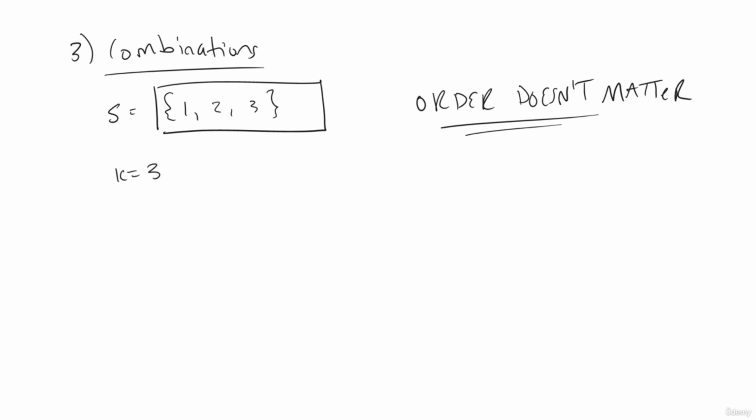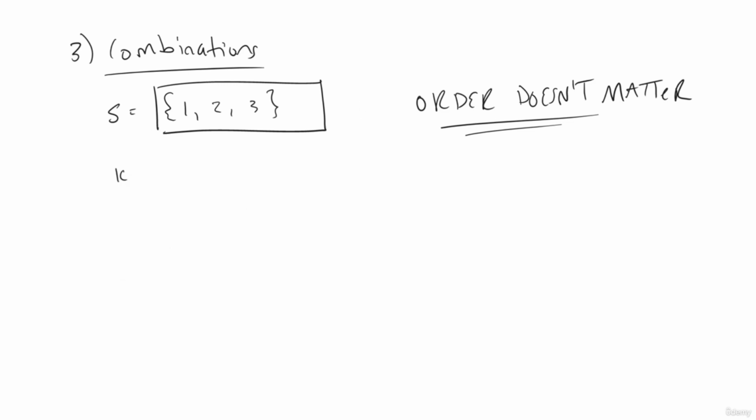If someone said, hey, give me all valid combinations of size 3 out of this set of 3 items, you would say, well, it's exactly the set itself, because the order doesn't matter. As long as the 2 sets have the same items, they are considered the same in terms of combinations. And so with permutations, we're able to create 6 different valid permutations, because the order does matter, and we consider them to be distinct if they have different orders. But with combinations, there's only 1 out of this set.